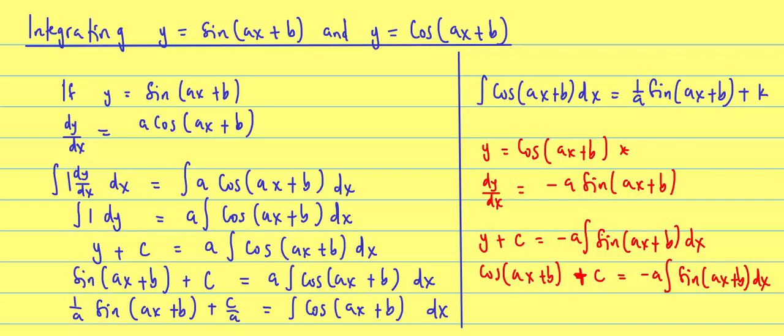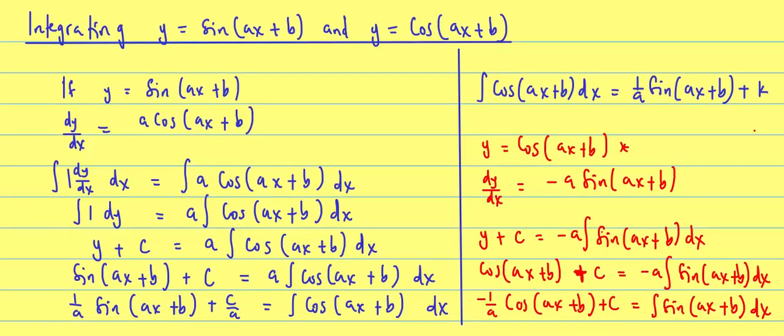Dividing throughout by the negative a means that we have minus 1 over a cos of ax plus b plus c is going to be equal to the integral of sine ax plus b with respect to x. And of course the c is also over minus a.